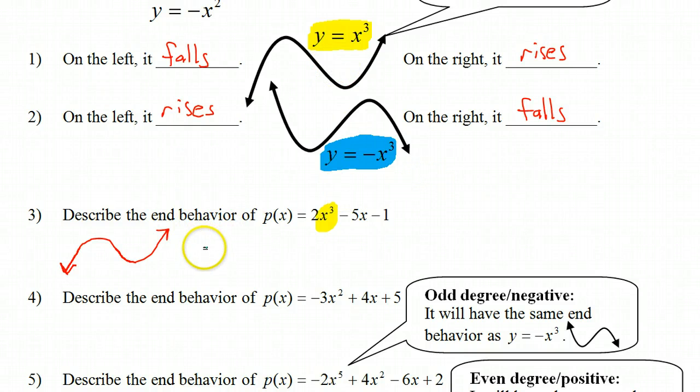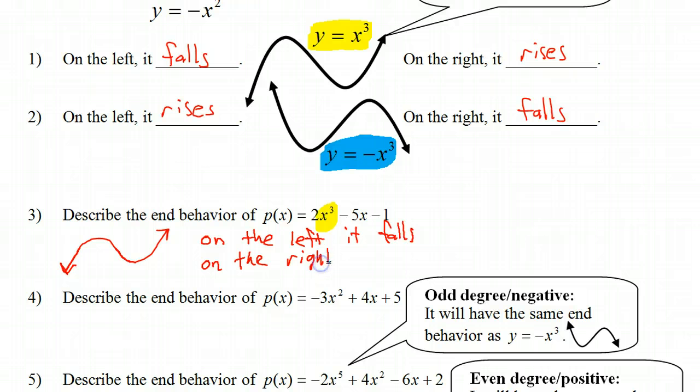So we will just say on the left it falls, on the right it rises. And it's a good idea just to make a quick little sketch before you do it. So we will say on the left it falls, on the right it rises.